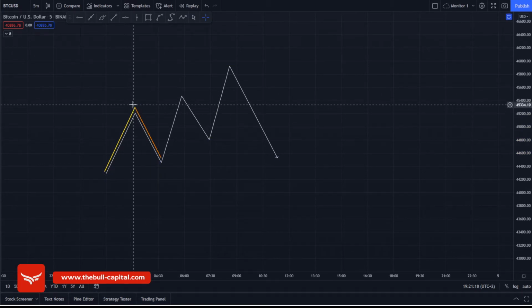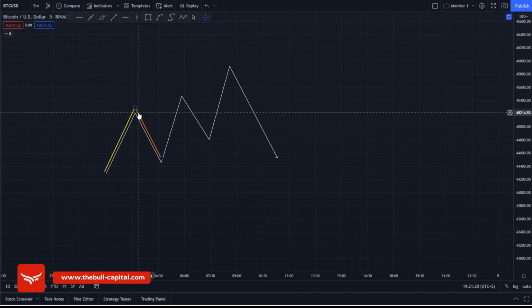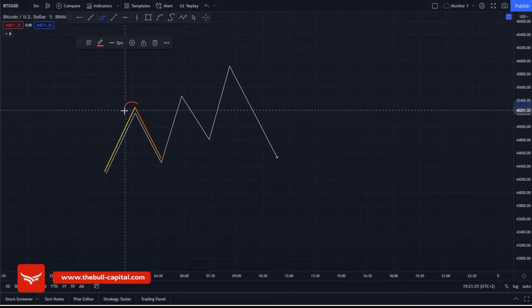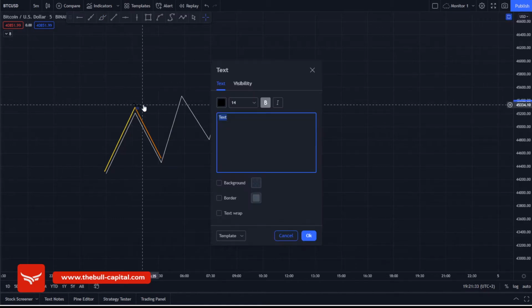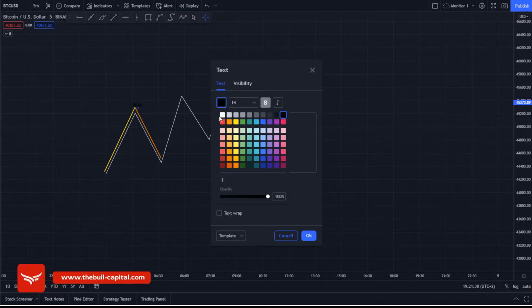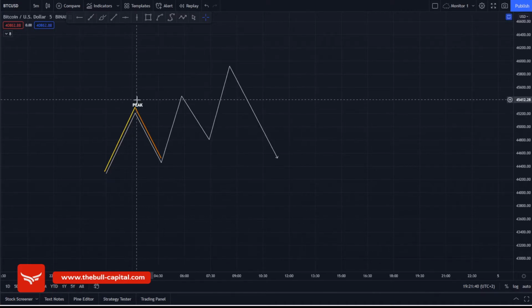And when the price stopped going higher, it formed a peak. Okay, this is called a peak. I will actually write here, this is a peak.